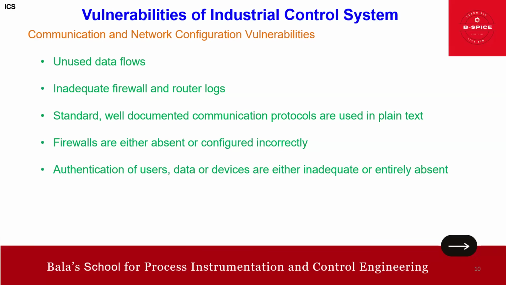Okay. Then authentication of users, data or devices is either inadequate or entirely absent. See, numerous ICS protocols lack authentication at any level. In the absence of authentication, there is always a possibility of data or device manipulation, right? So that is what we need to focus on also. Then absence of communication integrity verification.